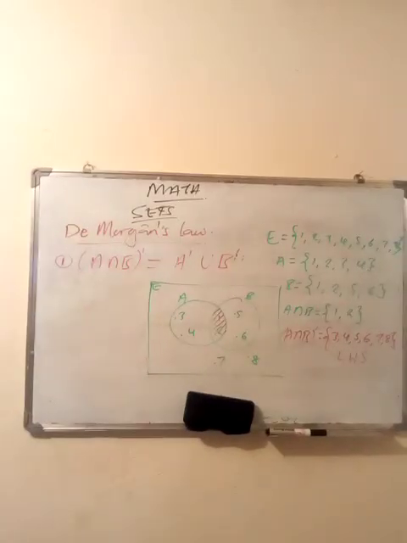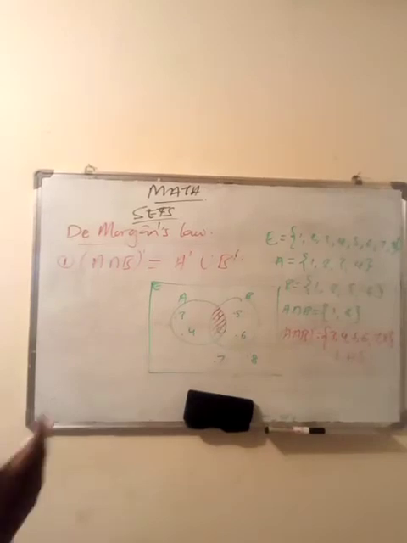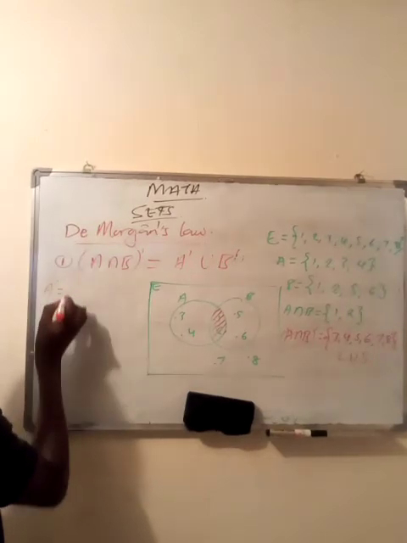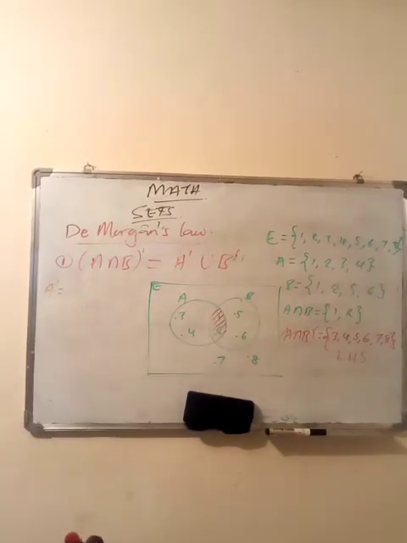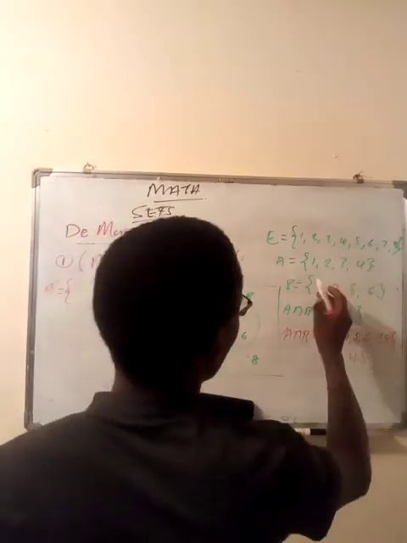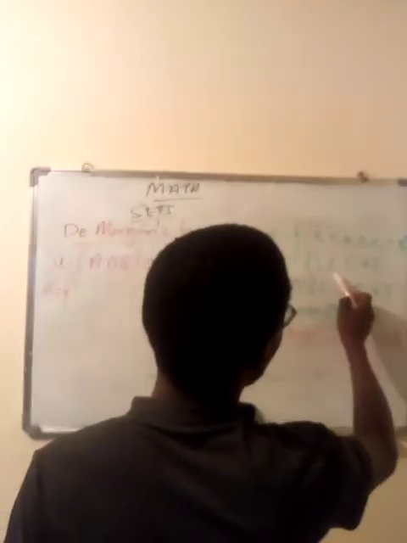So even here, A intersection B complement is equal to A complement union B complement if and only if A intersection B complement is a subset of A complement union B complement.